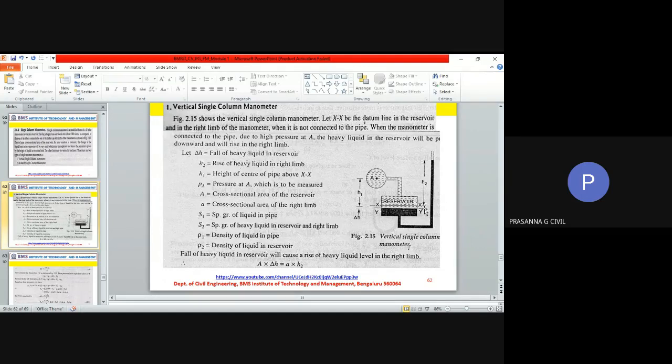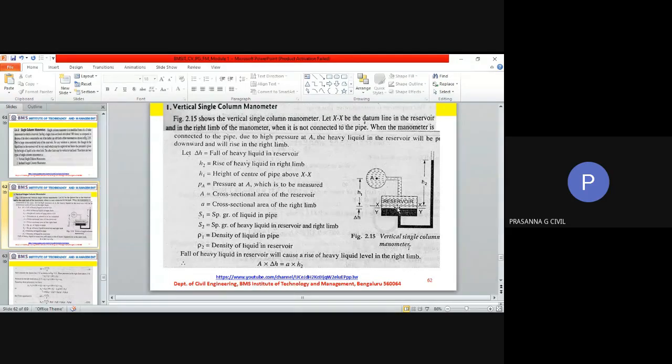So pressure is measured above atmospheric pressure, above the XX line. We are taking that as the datum line. When the manometer is connected to the pipe, due to the pressure in the pipe, there will be a lowering in the level of the manometric fluid.